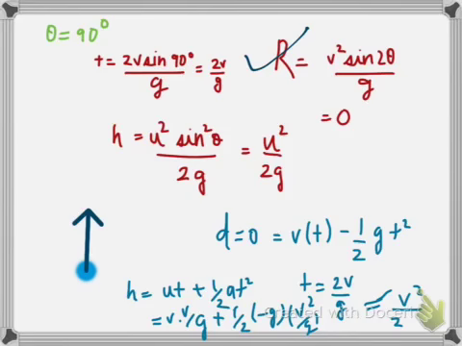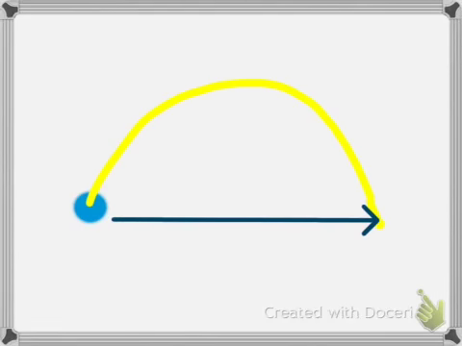Now there will be a specific case in which the range will be maximum. The height is maximum when sine theta is equal to 1, and sine theta equal to 1 is when theta is equal to 90 degree. But there will be a case in which the range will be maximum. So like we have a ball here and it is going like this. There will be a range that will be maximum, the maximum range.